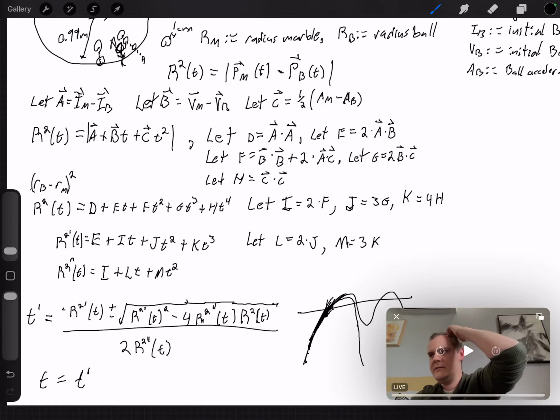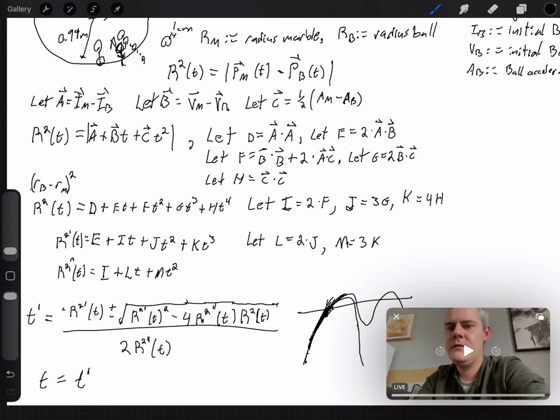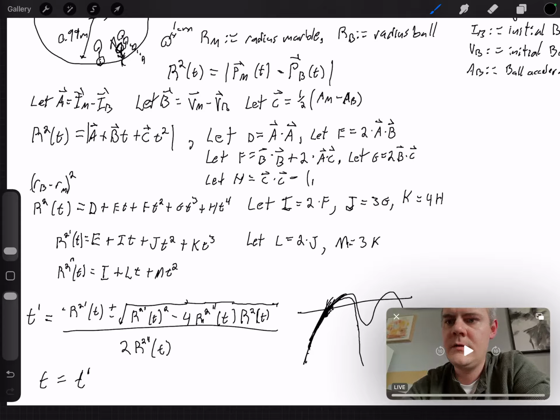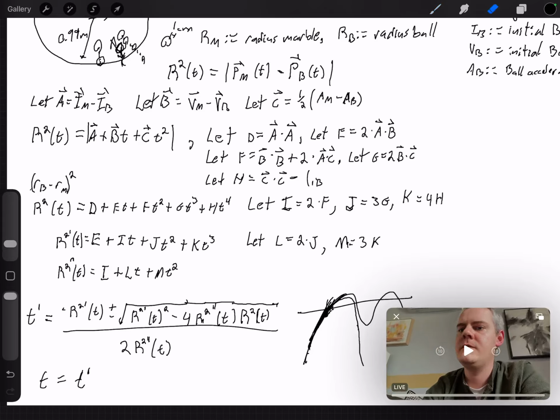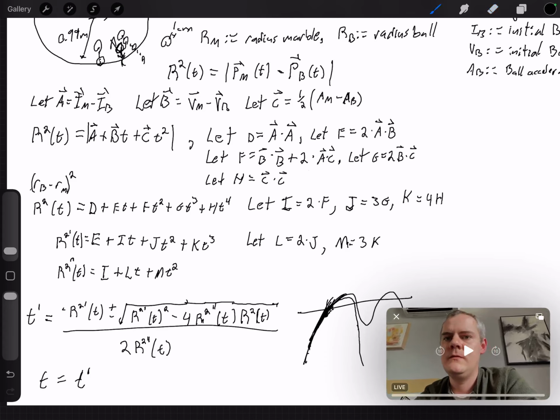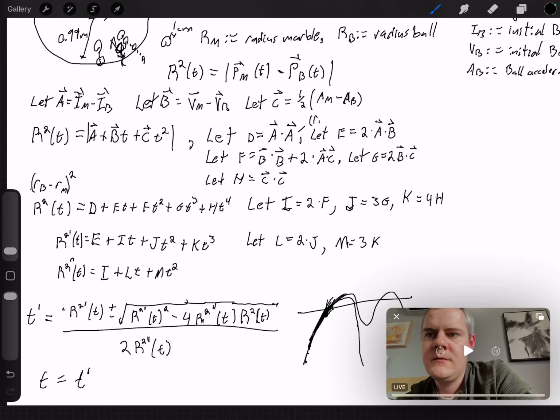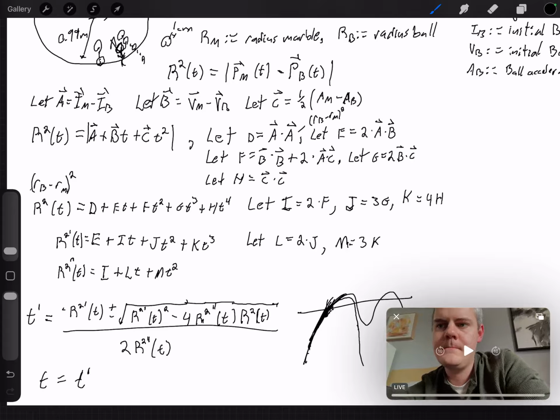So then that needs to come off of this term. No, it doesn't. This is back when I had things bad and backwards. It's supposed to come off this term, I think. Something like that.